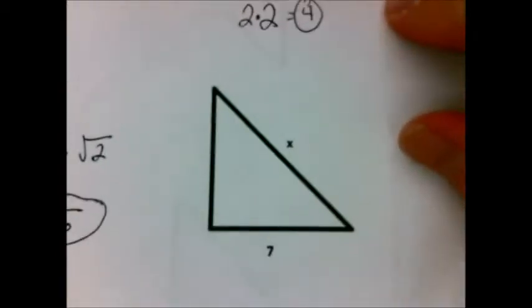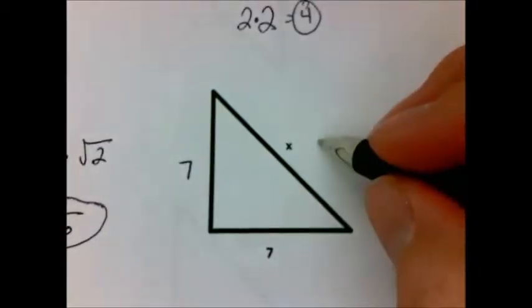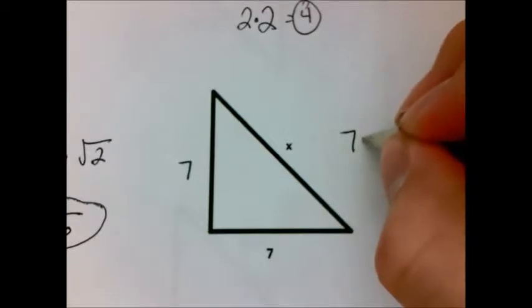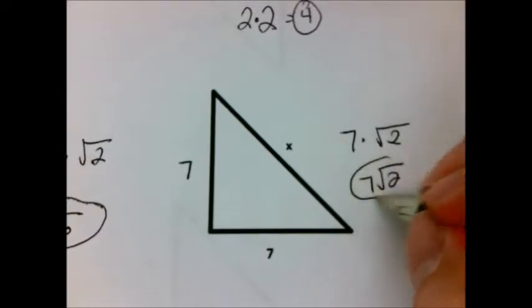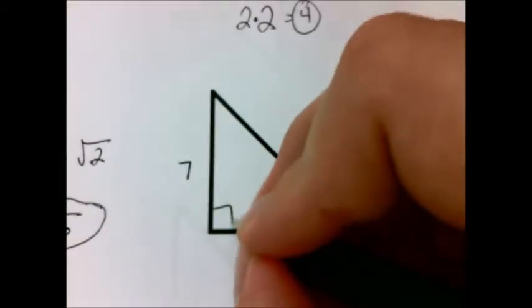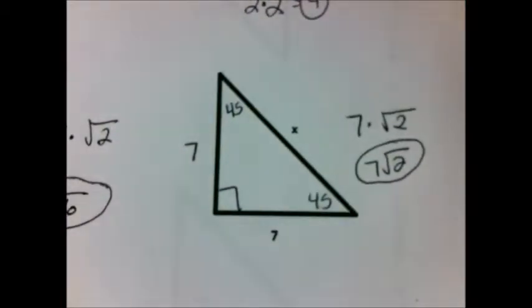Next one, 7. So you know this is 7. To find this, we just have to take 7 and multiply by square root of 2, which just ends up being 7 square root 2. And that's how you find the hypotenuse knowing one of the legs.